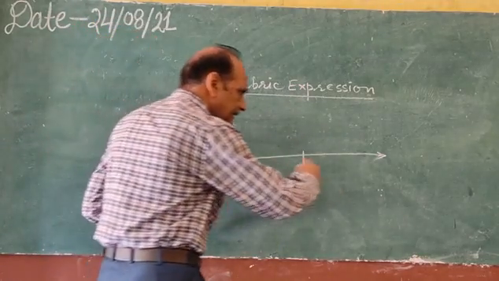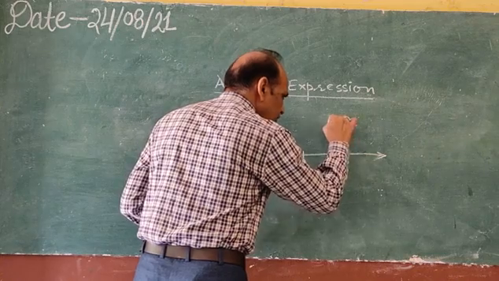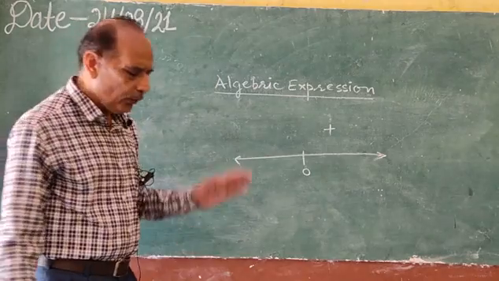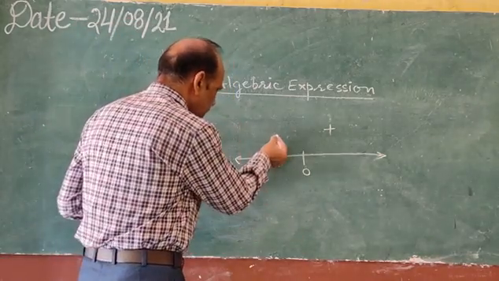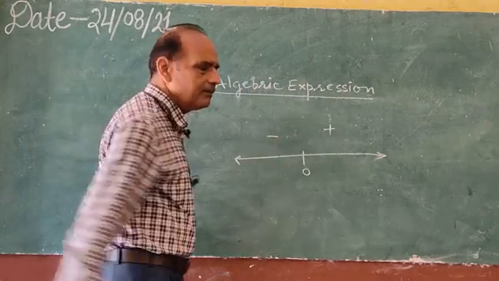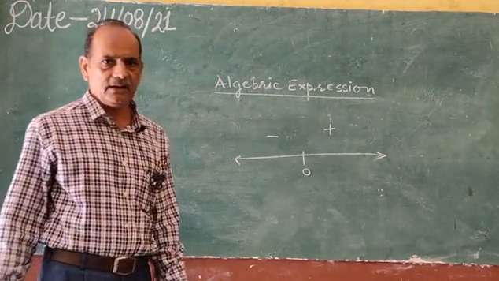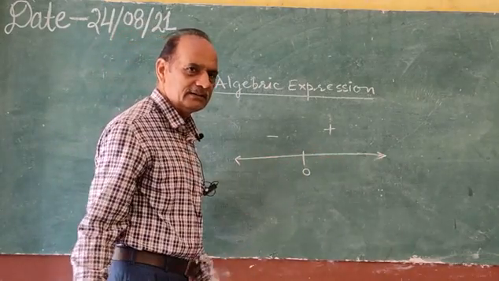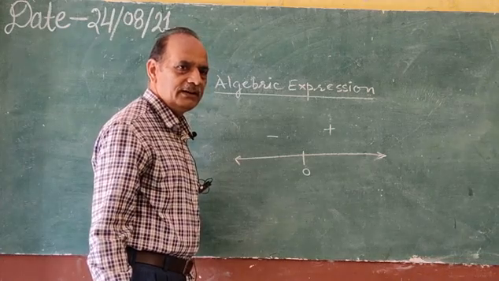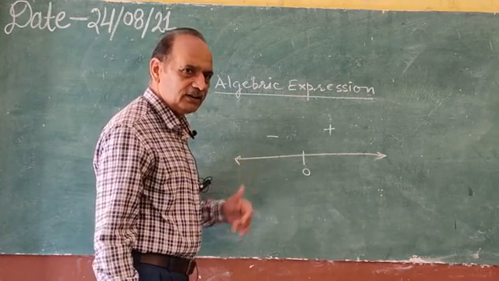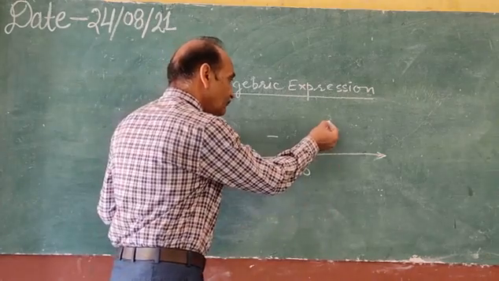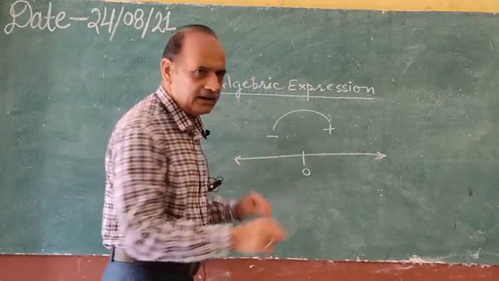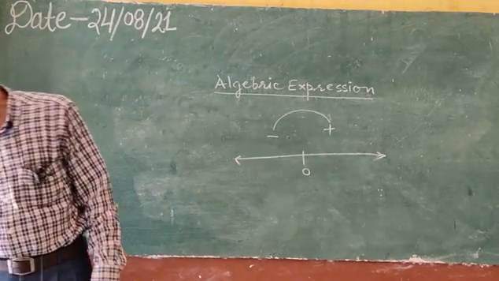On its right hand side, we denote the numbers which are of positive sign, or positive numbers, while on the left hand side, we denote the numbers of negative sign, or negative numbers. There is a difference between plus and minus, and you have to understand, learn and then practice these signs.